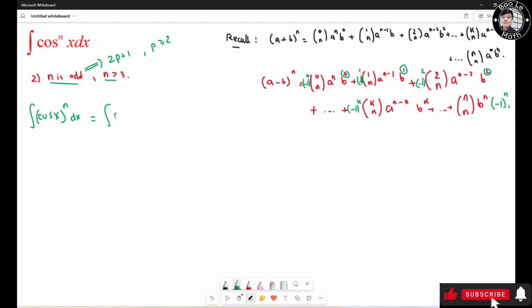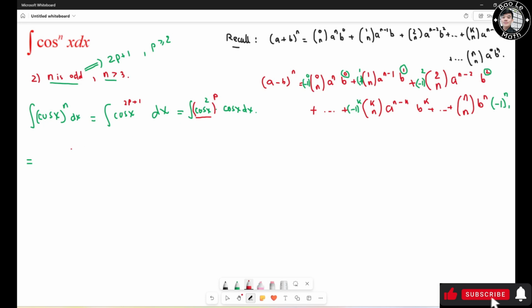So this one turns out to be the integral of cosine s raised to the 2p plus 1 ds, right? Now this can be written as cosine square altogether to the power of p, right?